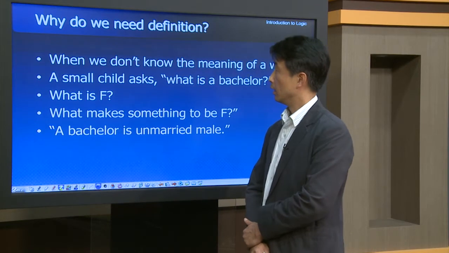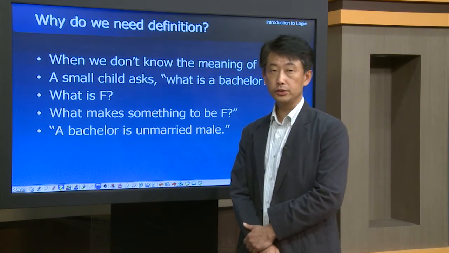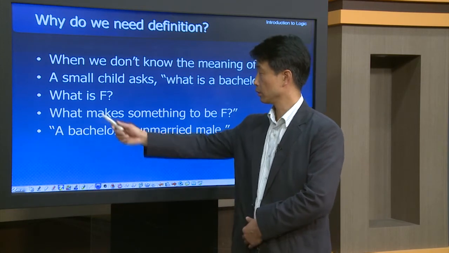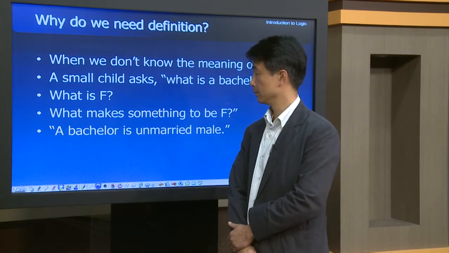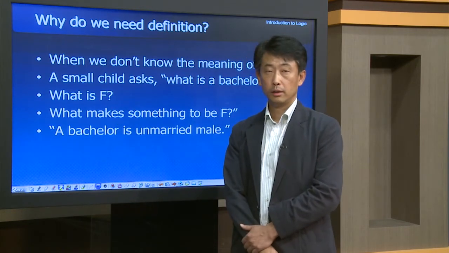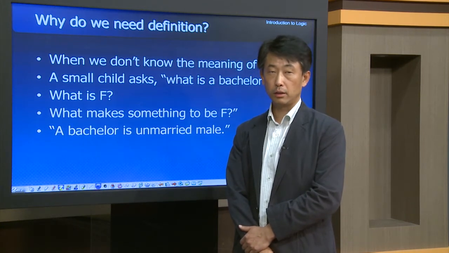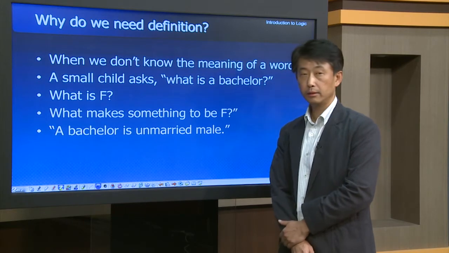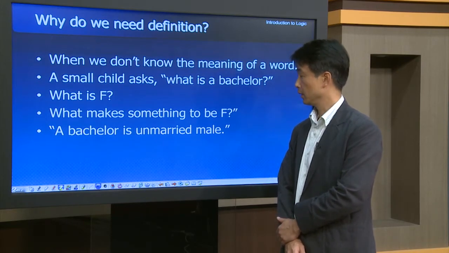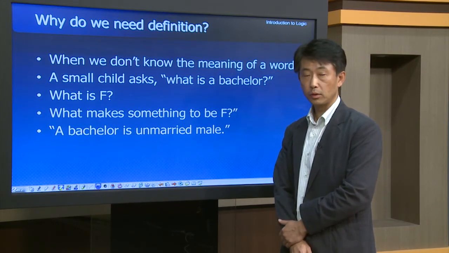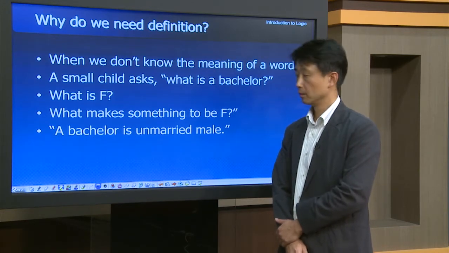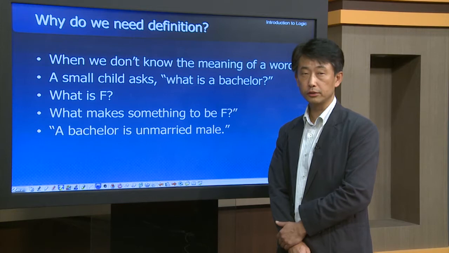So a definition is an answer to this question, what is F? In defining a term, we try to specify what makes something to be F or an instance of F. A definition tries to give us information about that.